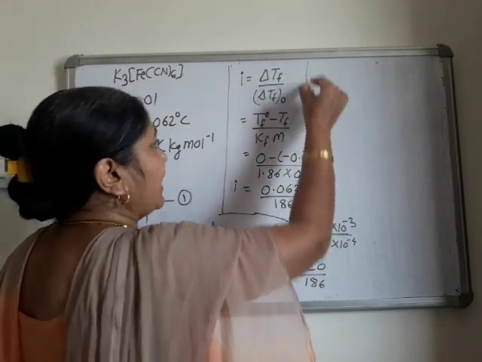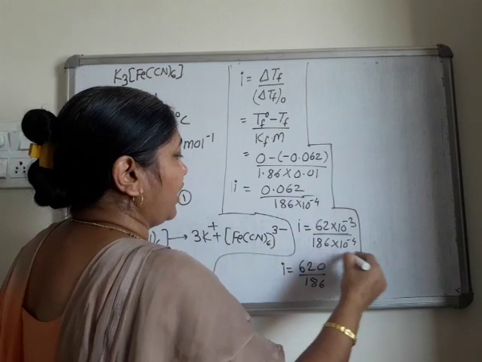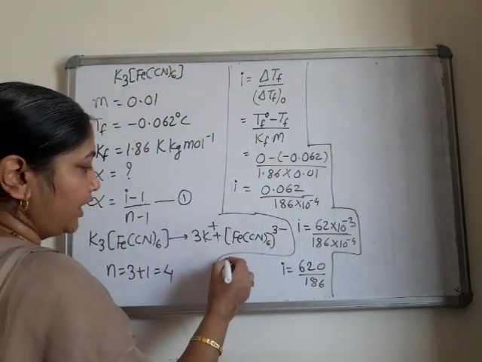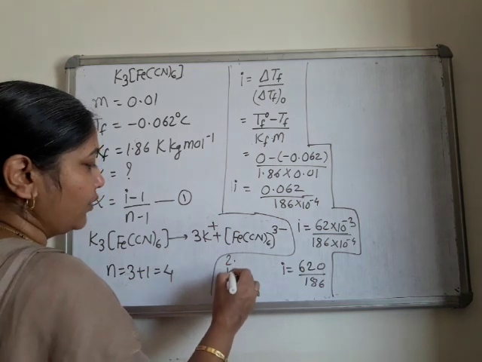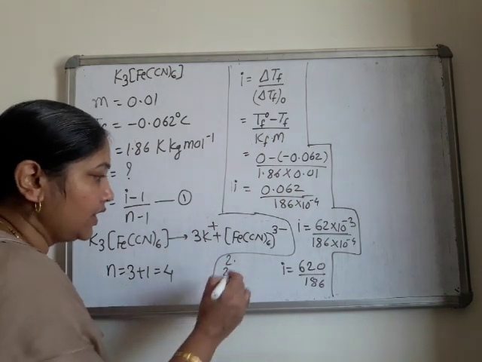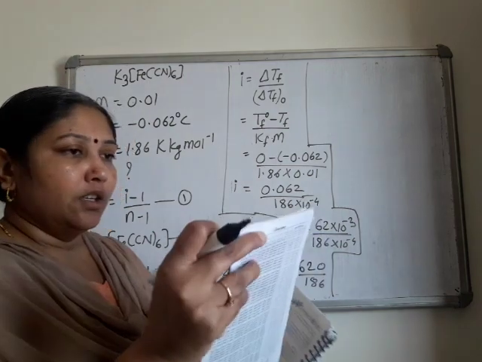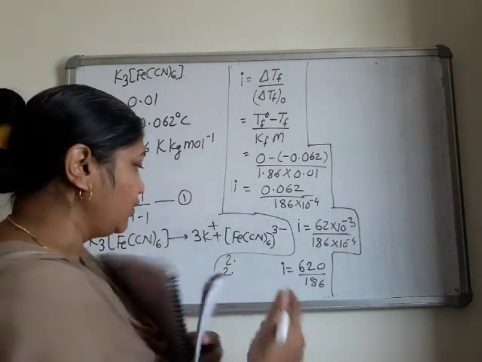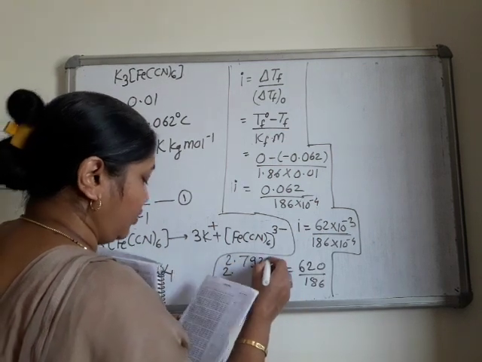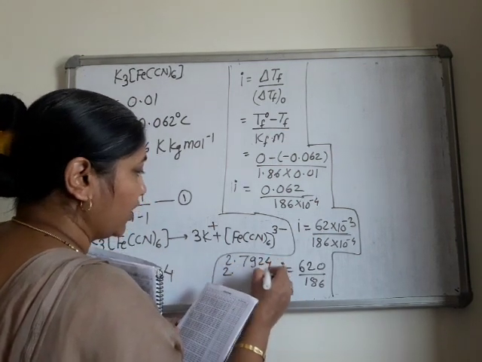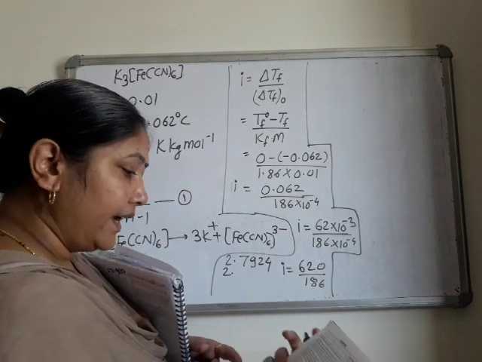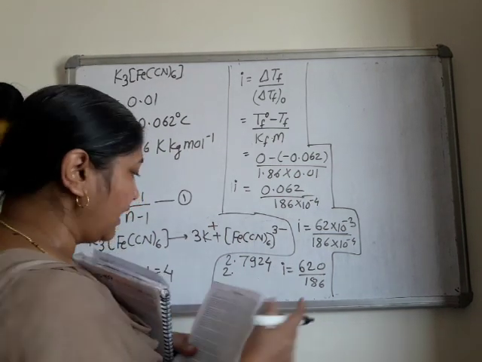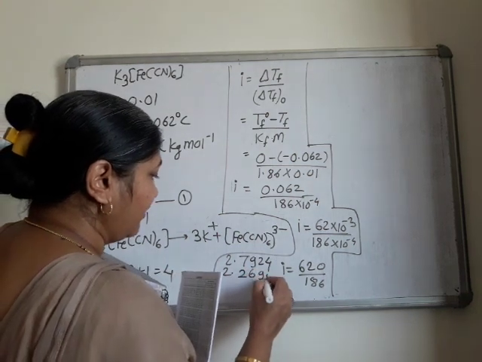Let us calculate using logarithms. 620, what's the log? 620 log is 2.7924, and 186 log is 2.2695.